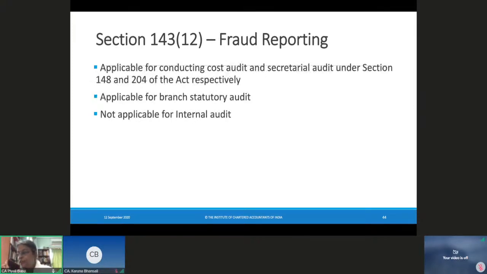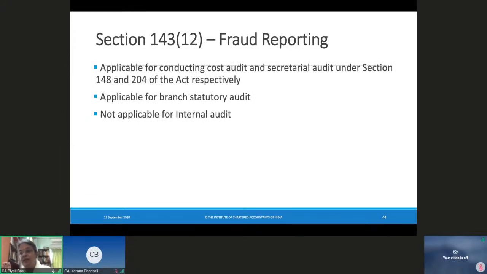So, the auditor of the parent company is not required to report the fraud if it is not being or has not been committed in the parent company by the officers and employees of the parent company. Remember, they are related, but they are part of the group. Keep that in mind.